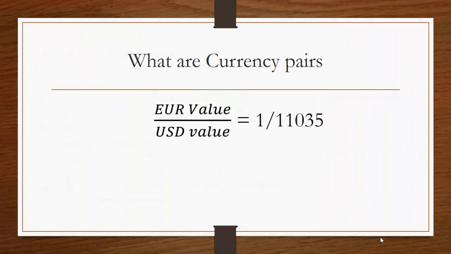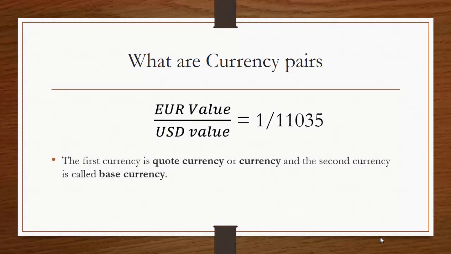In the market language, the first currency is called quote currency, and the second currency is called base currency. In this example, Euro was quote currency and USD was base currency. And when you buy a pair, you give base currency to get quote currency.